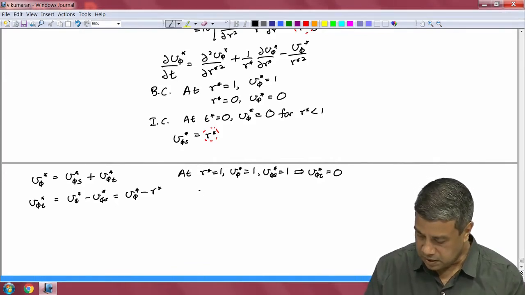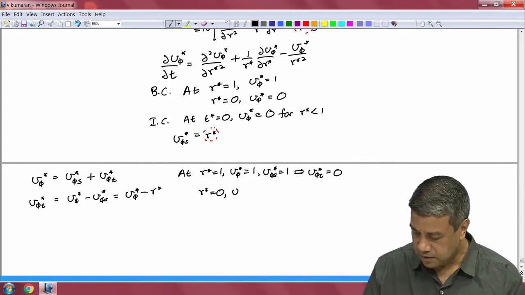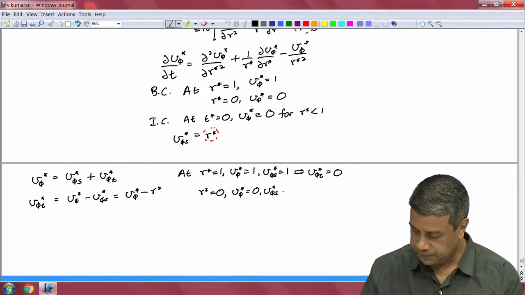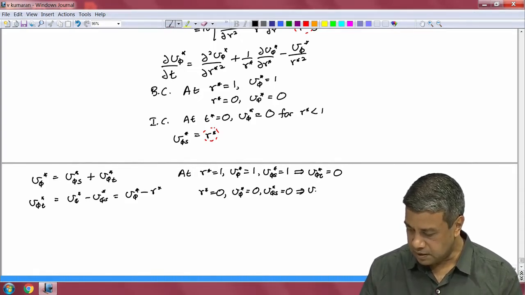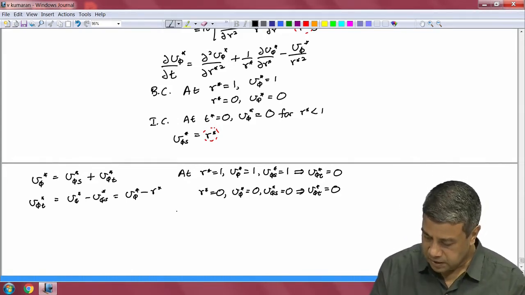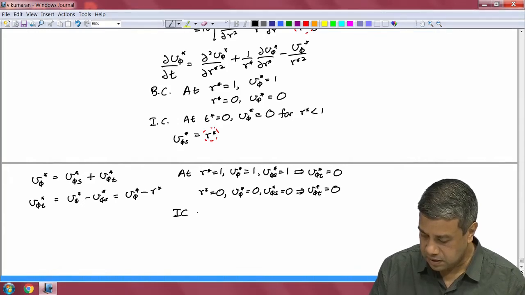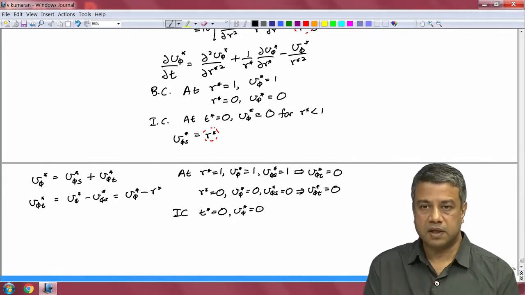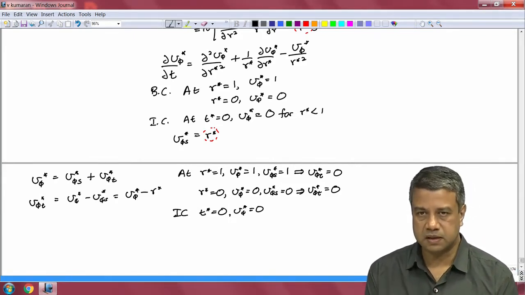And at r star is equal to 0, V phi is equal to 0, and the steady solution is also equal to 0, which implies that the transient part is also equal to 0. Those are the boundary conditions, and the initial condition is that at t star is equal to 0, V phi is equal to 0 for r less than 1. Everywhere within the cylinder, the velocity is equal to 0.